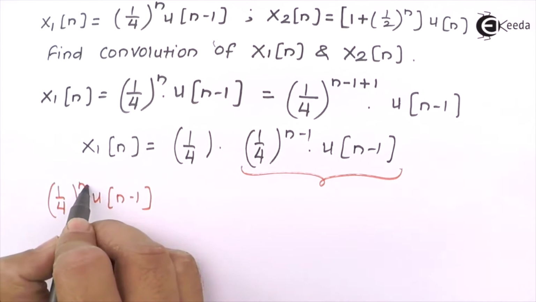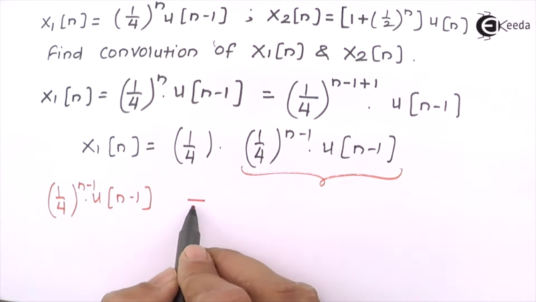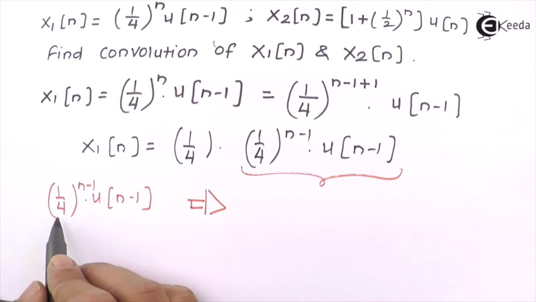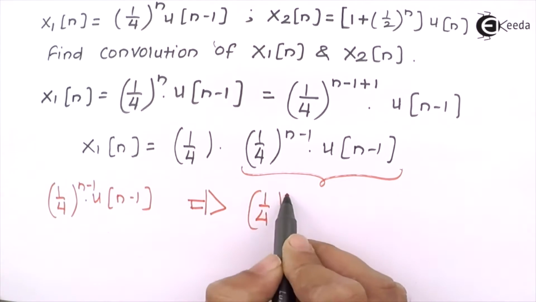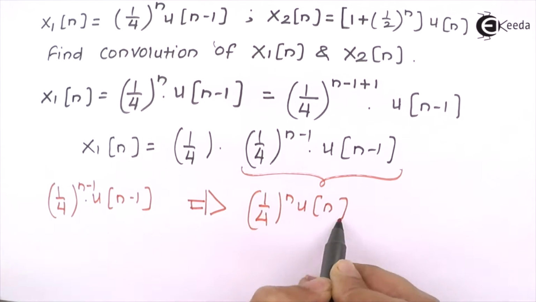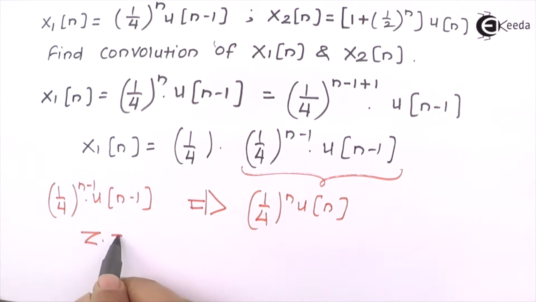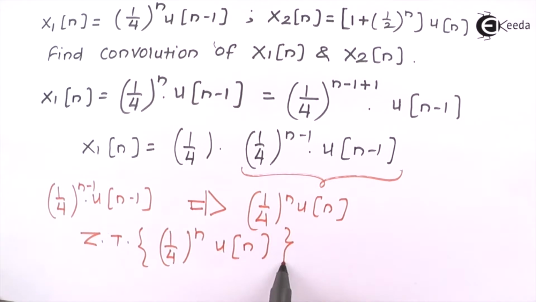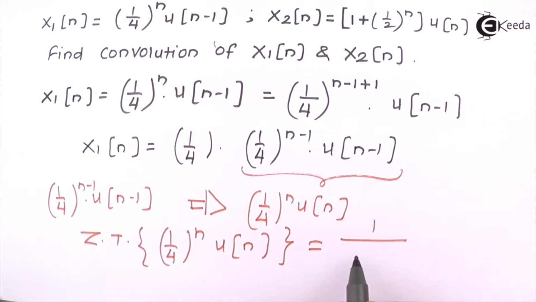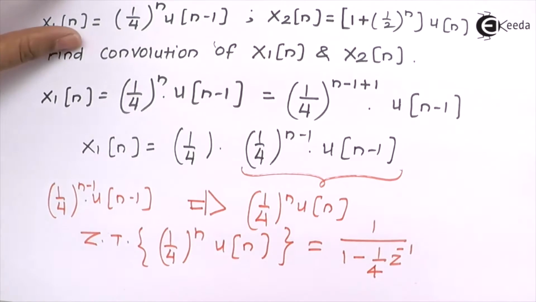It's a given signal. Out of this, we know this is shifted or delayed by 1. So the original signal is (1/4)^n u of n. We'll take the Z transform of (1/4)^n u of n, which is nothing but 1 upon 1 minus 1/4 Z inverse. And then we are using the time shifting property of Z transform.